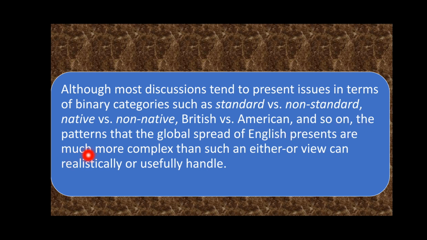The patterns that the global spread of language presents are much more complex than such an either-or view can realistically or usefully handle. We're talking about the spread of English, and the pattern it presents is very complex.